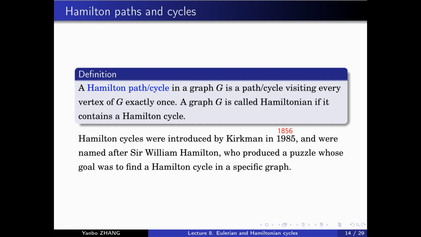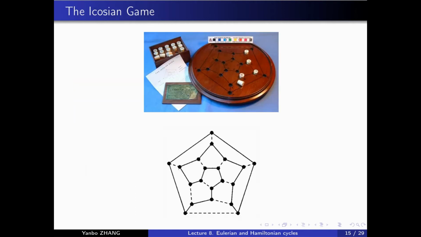The correct year should be 1856. One year later, in 1857, the Icosian game was invented by William Hamilton. It's a game on the graph of the dodecahedron in which one player specifies a 5-vertex path and the other must extend it to a Hamilton cycle.